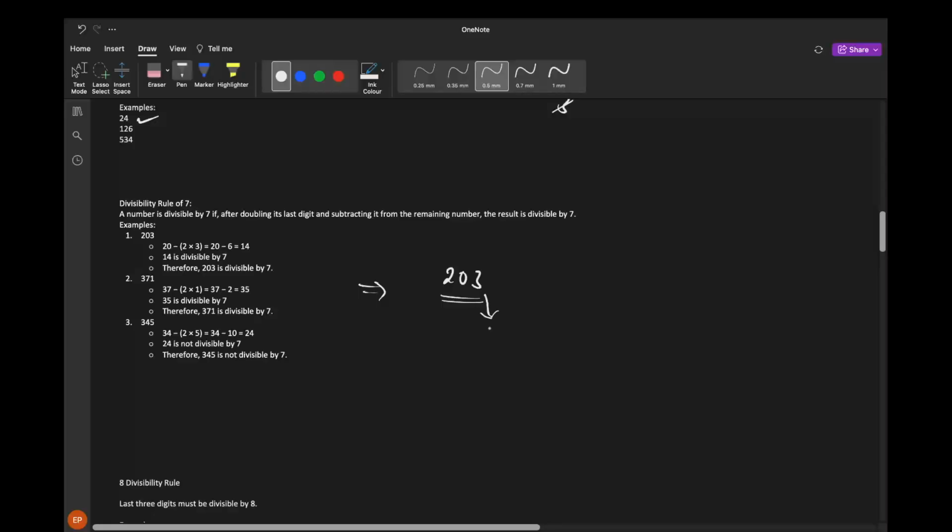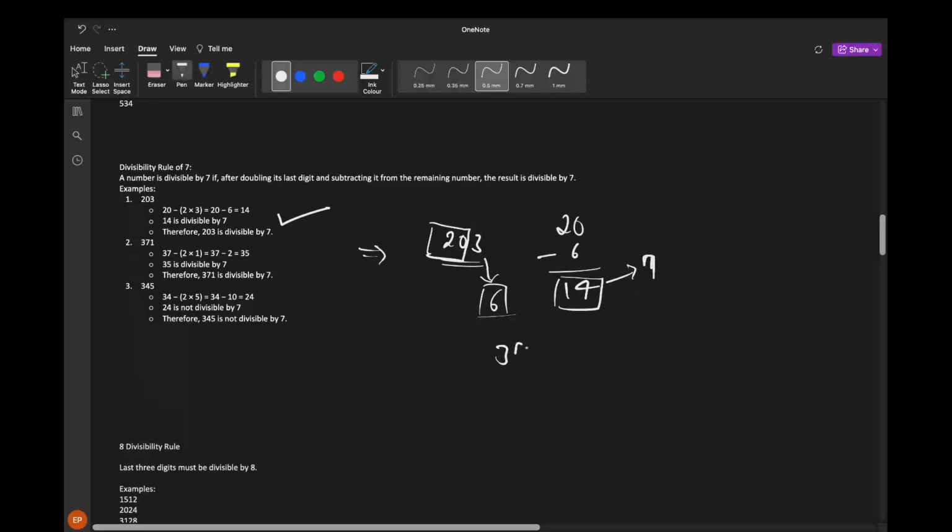What is the last digit? 3. 3 twos are 6. After doubling, we have to subtract it from the remaining number. The remaining is 20. 20 minus 6, we are getting 14. Is it divisible by 7? Yes, because 7 twos are 14, right? So it is divisible by 7, so the given number is divisible by 7.